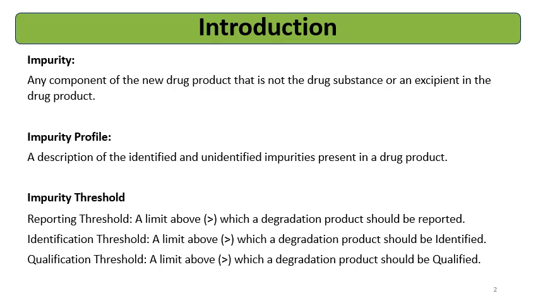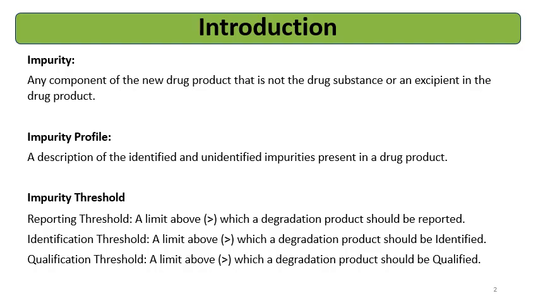And qualification means making the data available for the toxicity and safety for that particular impurity. So qualification will require first identification of the impurity, then that impurity will be tested for toxicity and safety, and if it is found safe, then the level at which it is safe will be regarded as a qualified level.